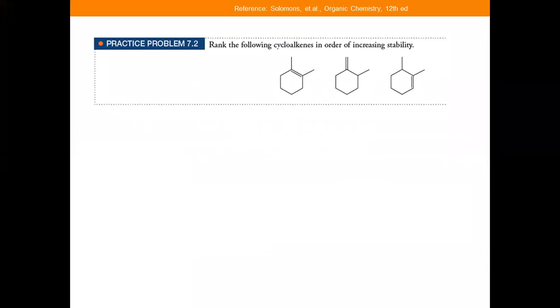Rank the following alkenes in order of increasing stability. Which one is the most stable? Can you tell me which one is the most stable alkene here?